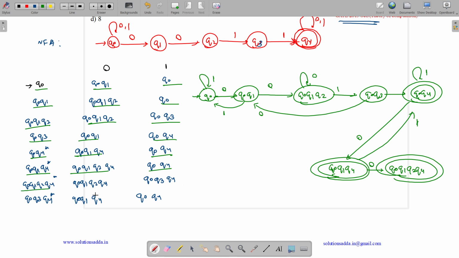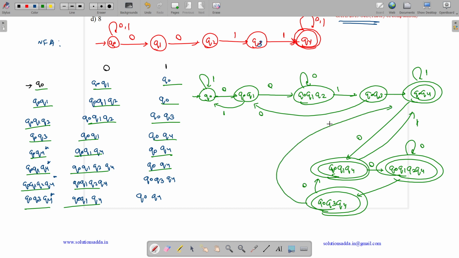Now Q0 Q1 Q2 Q4 on a 0 loops to itself, and on a 1 it goes to Q0 Q3 Q4, which is also a final state. Now Q0 Q3 Q4 on a 0 goes to Q0 Q1 Q4, and on a 1 it goes to Q0 Q4.